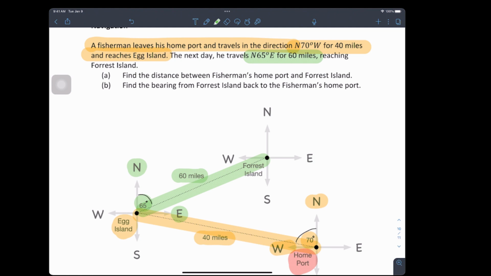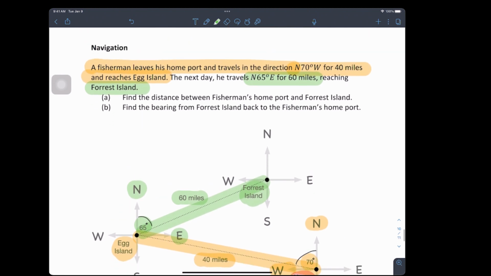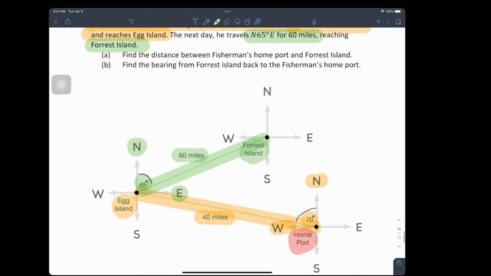And then reaching what? Forest Island. All right. Easy peasy lemon squeezy. So far, so good. So that's in green. Reaching Forest Island. Find the distance between Fisherman's Home Port and Forest Island.